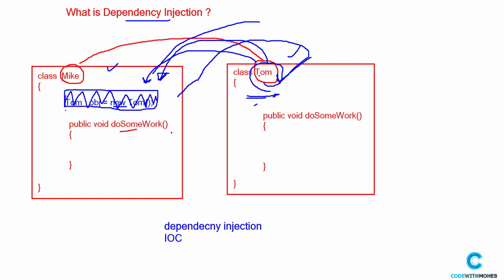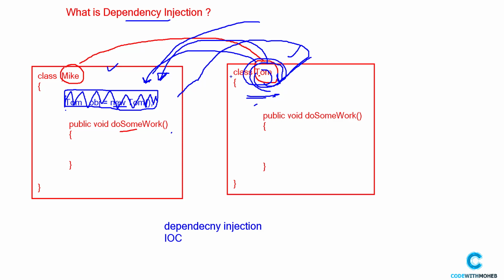We give that control to Spring, and Spring will dynamically create the object at runtime and inject it in another class.